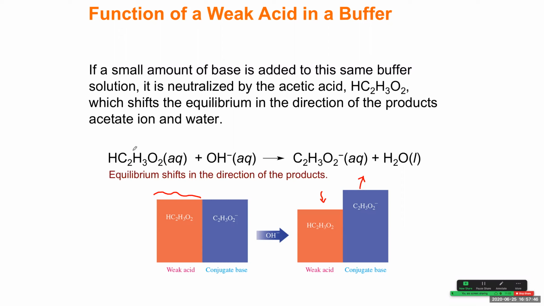So for example, if you added 0.01 moles of hydroxide ion, that 0.01 moles of hydroxide ion is going to produce 0.01 moles of acetate ion, and in turn, you're going to lose 0.01 moles of acetic acid. It's 100%. It's the first thing you do. If you do a calculation, the first thing you do is calculate how much acid turns into conjugate base when you've added some base. And so that's how it works.